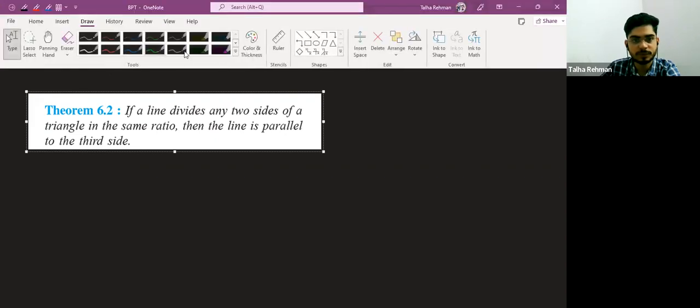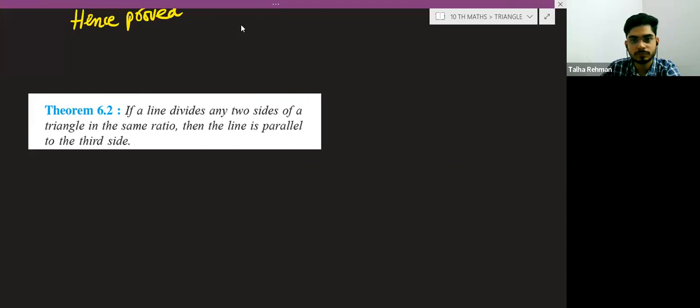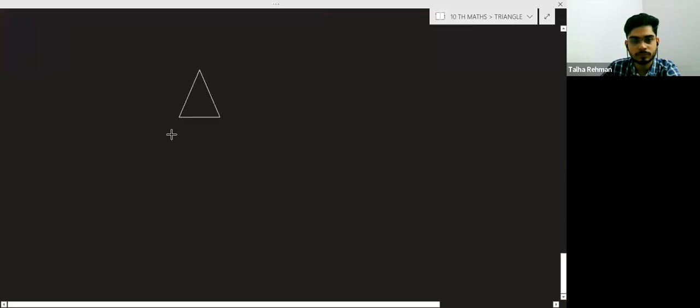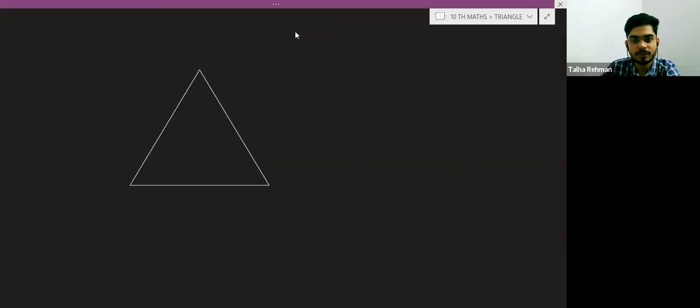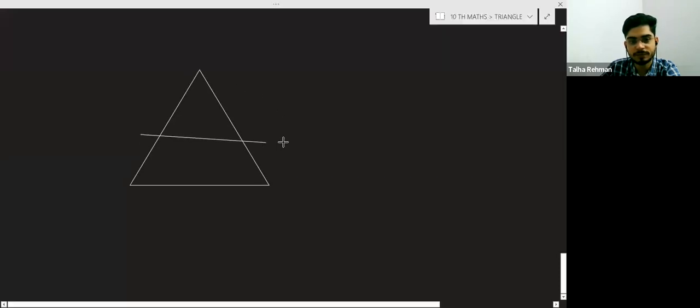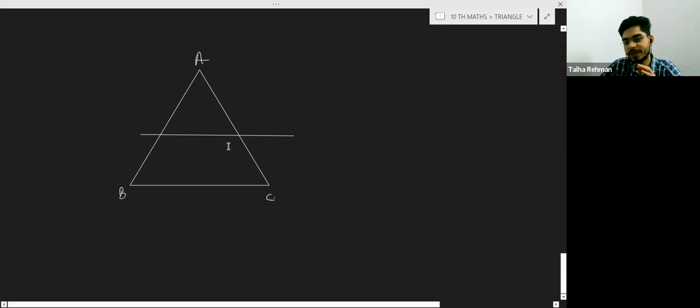Means suppose you have a triangle ABC, and you draw any random line. You don't know whether this line is parallel to BC or any side or not.